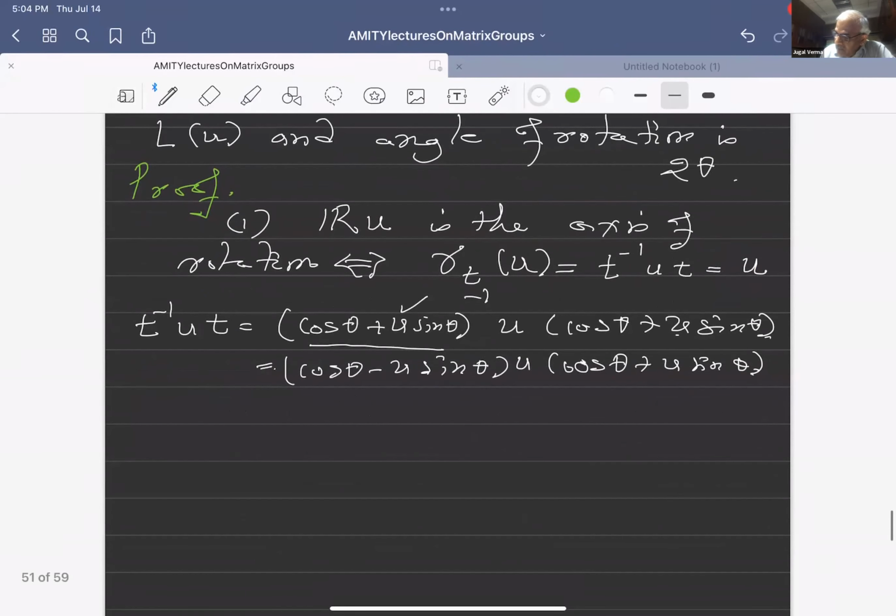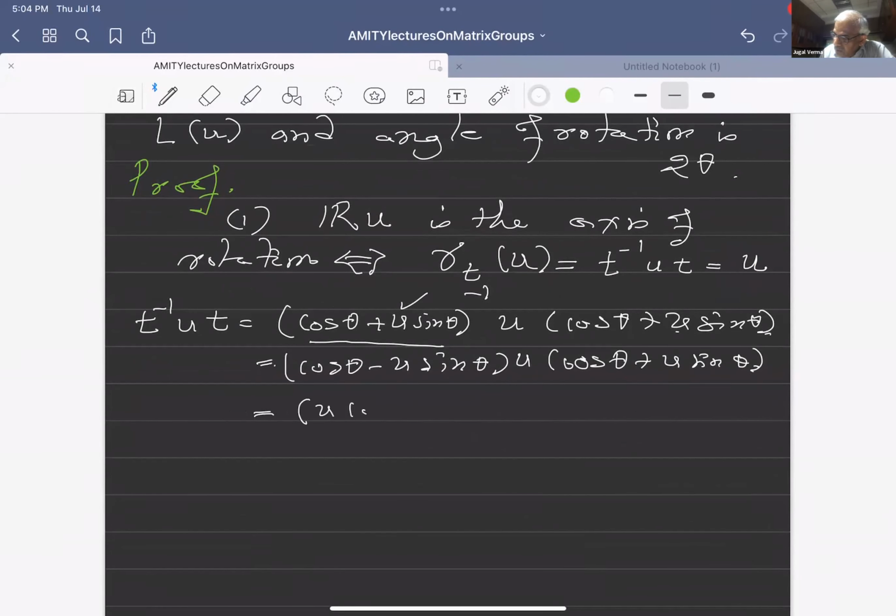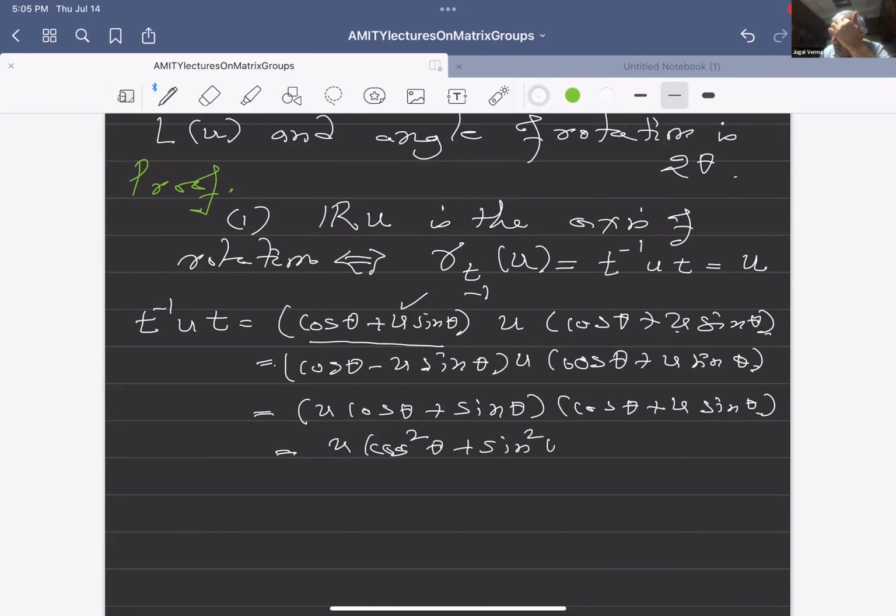Now just multiply. This is equal to u cos theta minus u square, which is plus 1, times sin theta, then cos theta plus u sin theta. And this is u cos square theta plus sin square theta, plus cos theta sin theta plus u square cos theta sin theta.